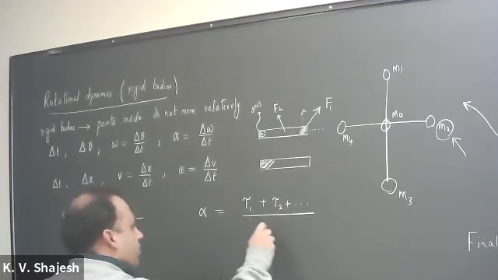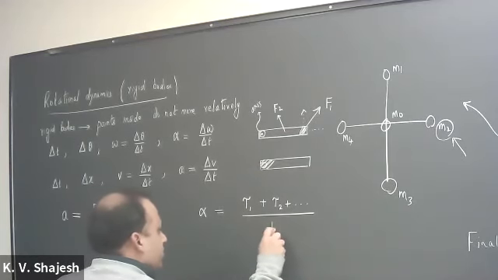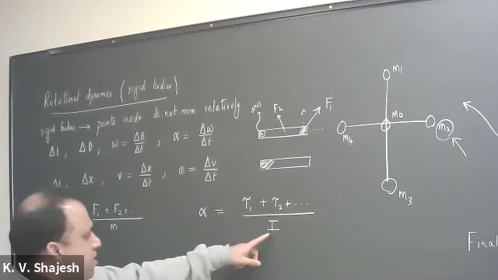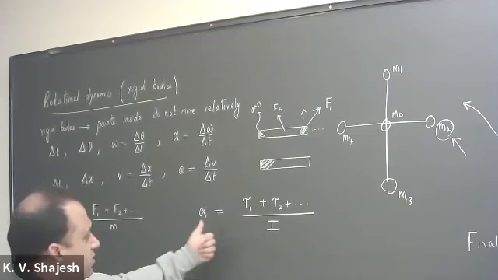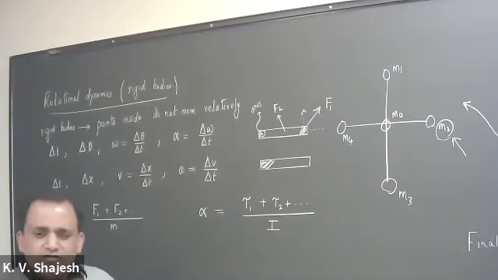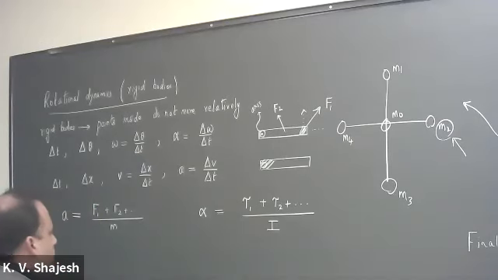So for now, let's just call this I. We're not specifying what exactly I is. This is the inertia associated with rotational motion, exactly like mass is the inertia, or what resists motion, associated with linear motion. So let's name this.